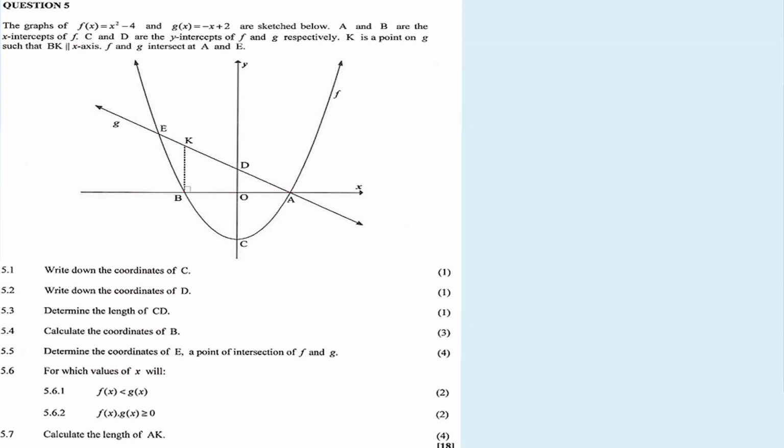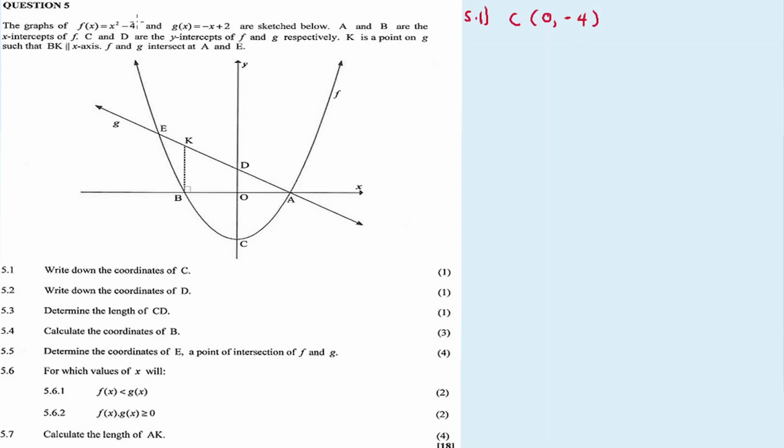Now 5.1: write down the coordinates of C. C is the y-intercept of function f. Therefore, the coordinates of C are (0; -4).